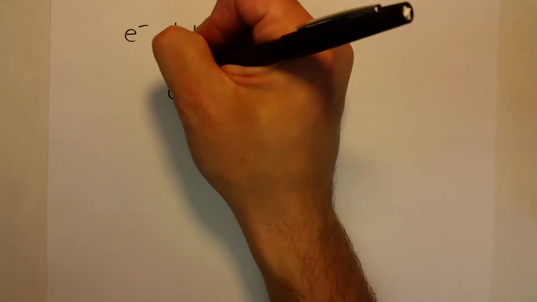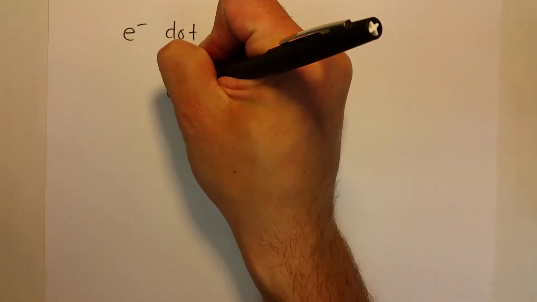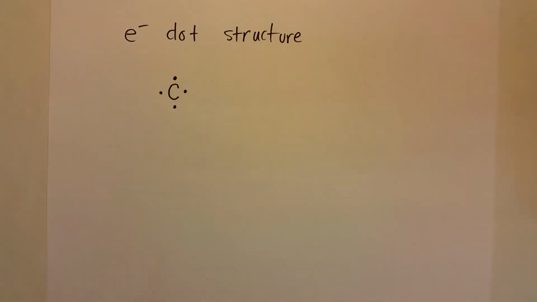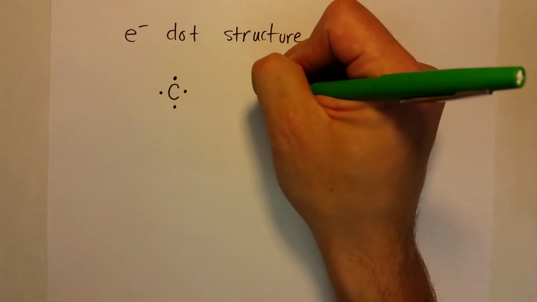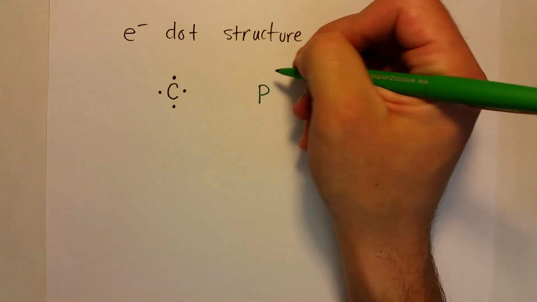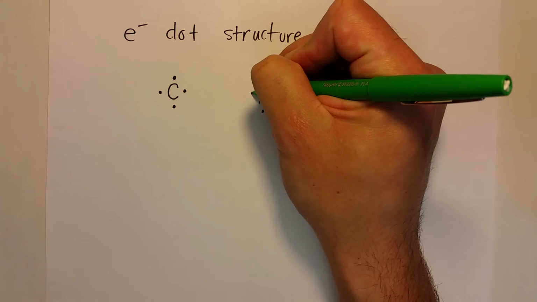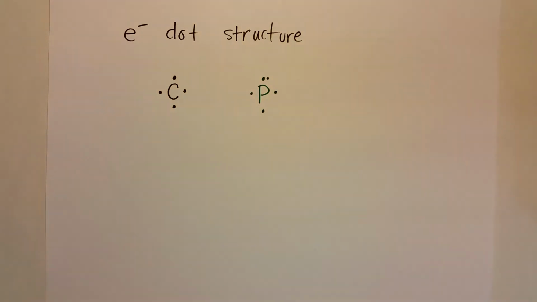So for instance, carbon had 4 valence electrons, and so we would draw 4 dots around its symbol. Phosphorus had 5 valence electrons, and so we would draw 1, 2, 3, 4, 5.